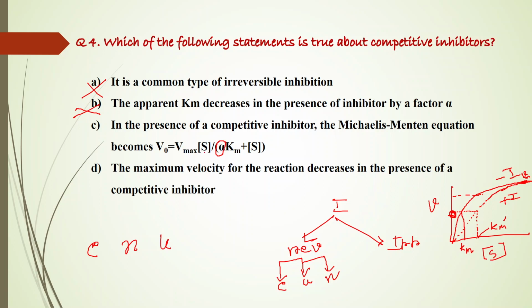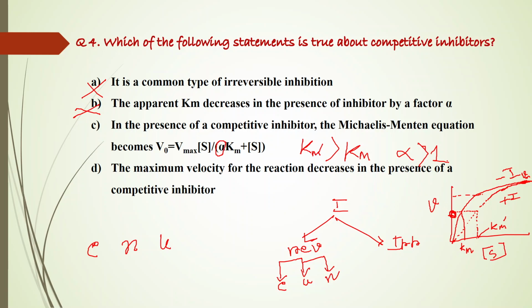But whenever you are adding a competitive inhibitor, there is a term called alpha that is multiplied to Km, because now from the graph, just now we saw that Km prime, that is the modified Km value in presence of inhibitor, is always greater than normal Km, that is for without inhibitor. So that means alpha is always greater than 1, in case of competitive inhibition.